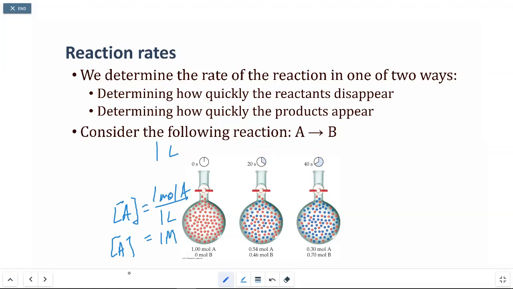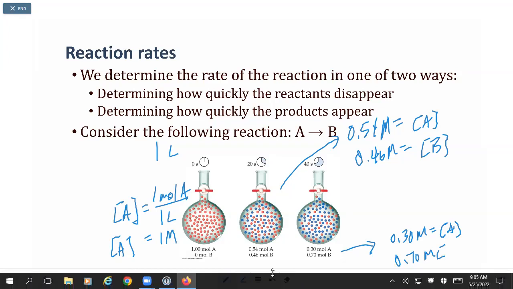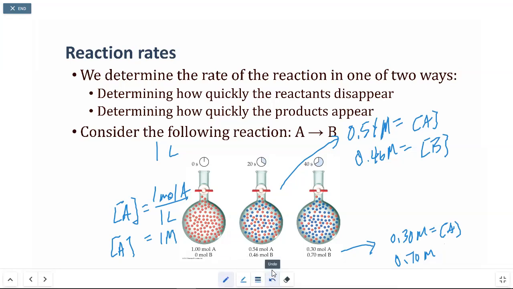At the 20-second mark, those concentrations go to 0.54 molar for A and 0.46 molar for B. And by the time we get here, it's 0.3 molar for A and 0.7 molar for B. Now, in terms of rates of reaction, this is where we're going to have to do some division.